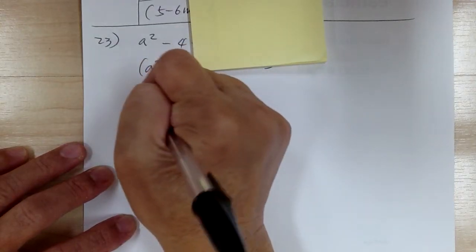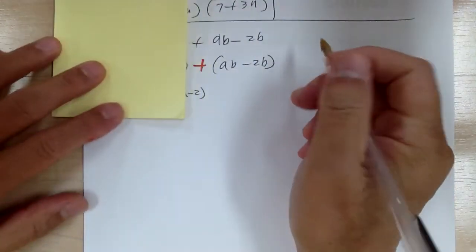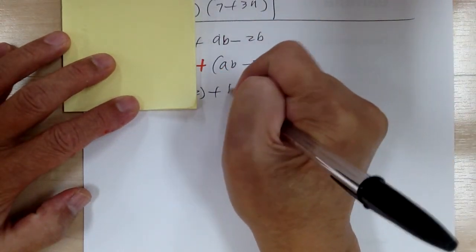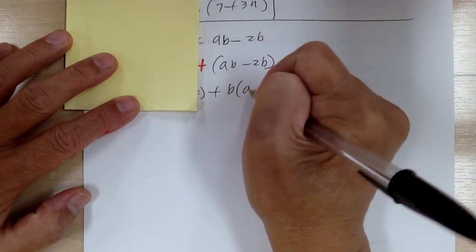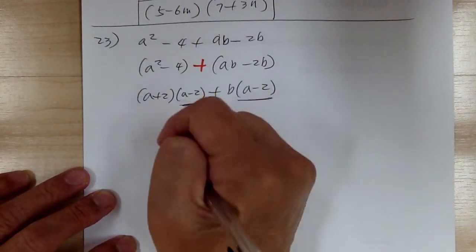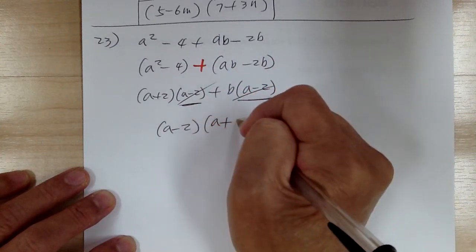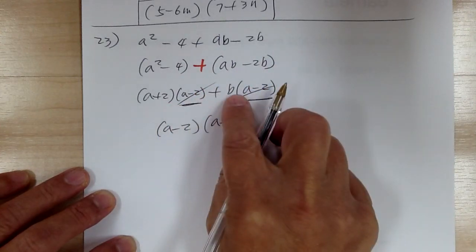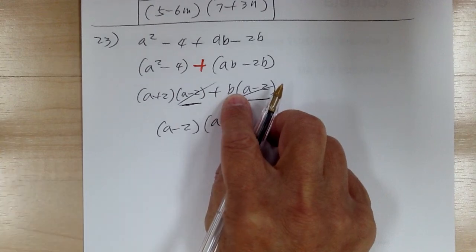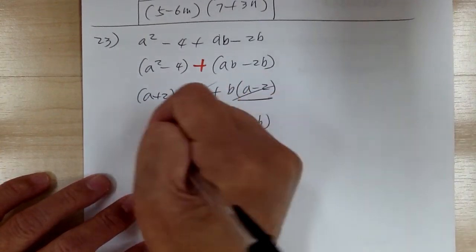Now this is a plus 2, a minus 2, right? Difference of squares. This one you can factor out the b, so you're going to get a minus 2. Then bring it together. Notice you get a minus 2, right? So factor out the a minus 2. So you got a plus 2 plus b. I'm going to write it in order. You don't have to. Let's just leave it like that. That's fine.